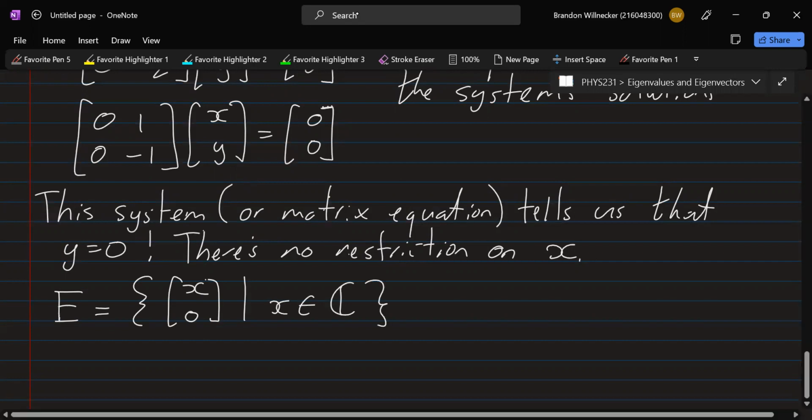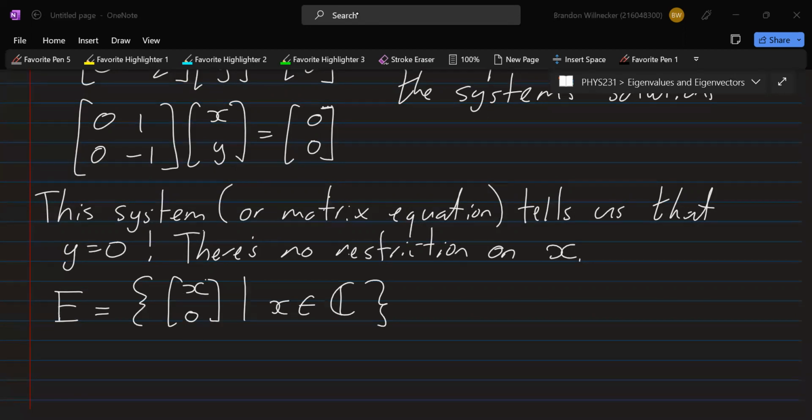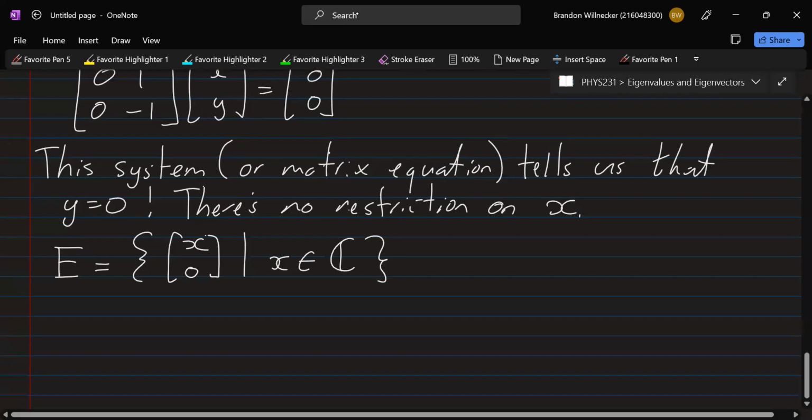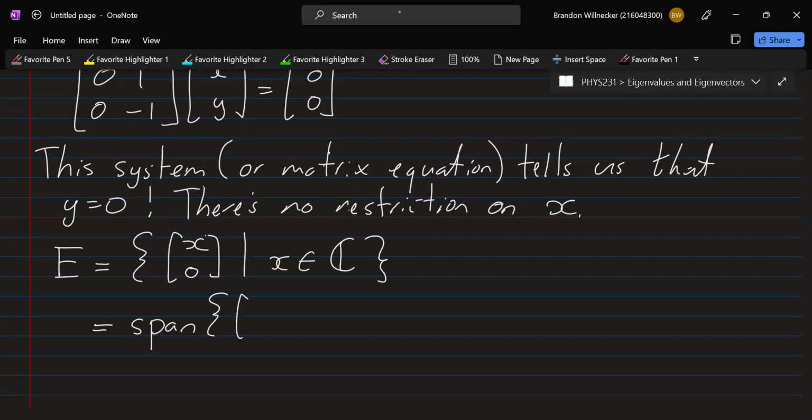Like that. Because again, there's no restriction on x. x can be any complex number. Okay, so that gives us the full eigenspace. Now, instead of writing it like this, we could also write it as the span of (1, 0).